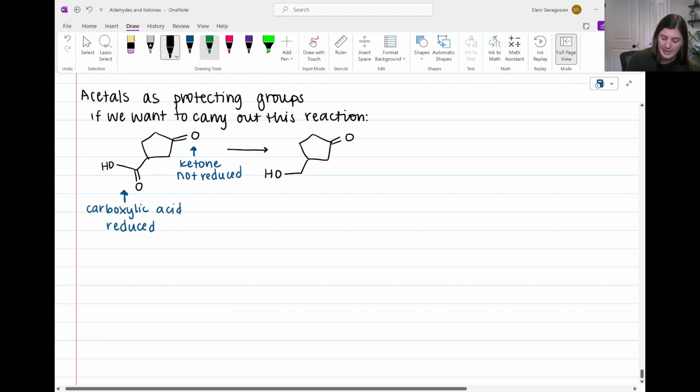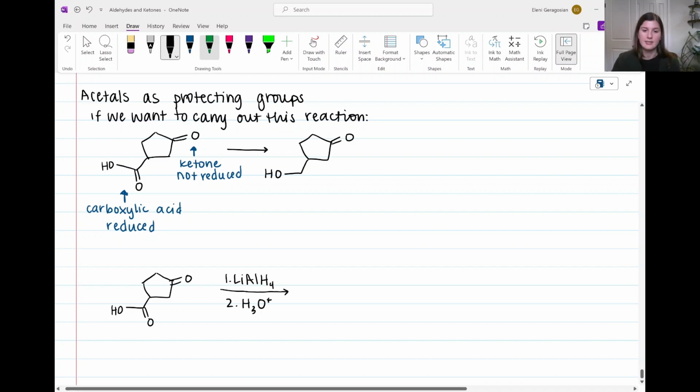Well, the reagents that will reduce a carboxylic acid, let's redraw the molecule here. Our reagent that reduces the carboxylic acid is lithium aluminum hydride. So we have lithium aluminum hydride in one step and then some acid, let's say H3O plus, as a second step.